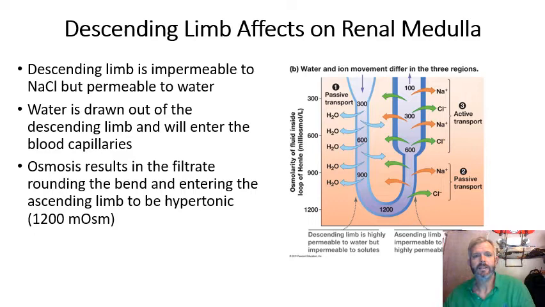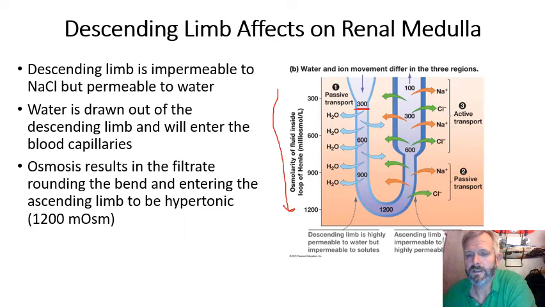Okay. The descending limb. The descending limb is impermeable to salt. Okay, so you can see the fluid coming in at 300. And it's moving through this region. Remember, we have this gradient. Here's the osmolarity gradient as we move down through that loop. As we move through, what's happening?